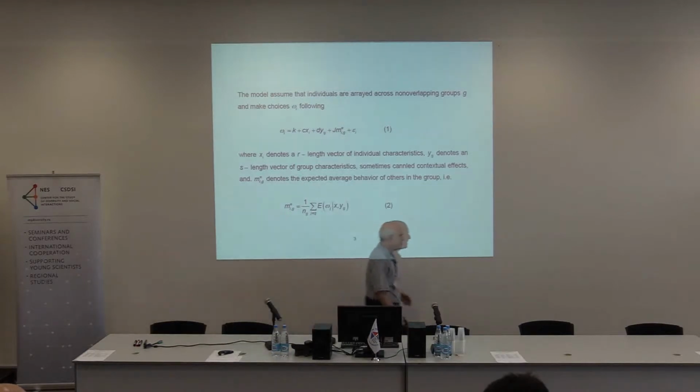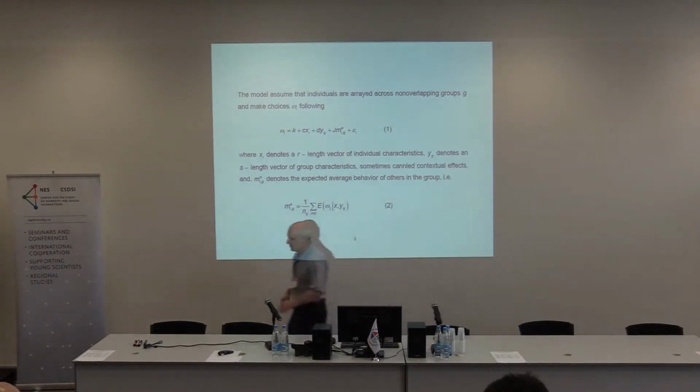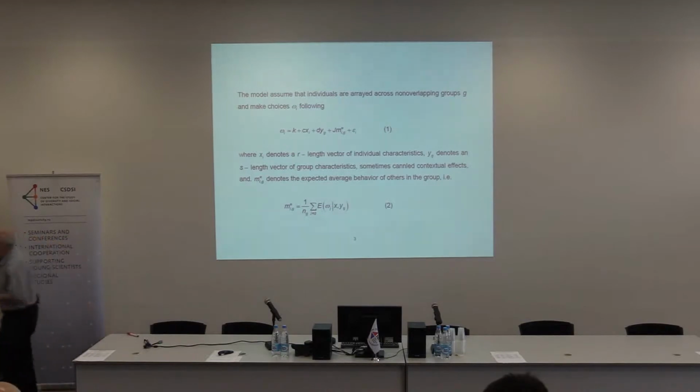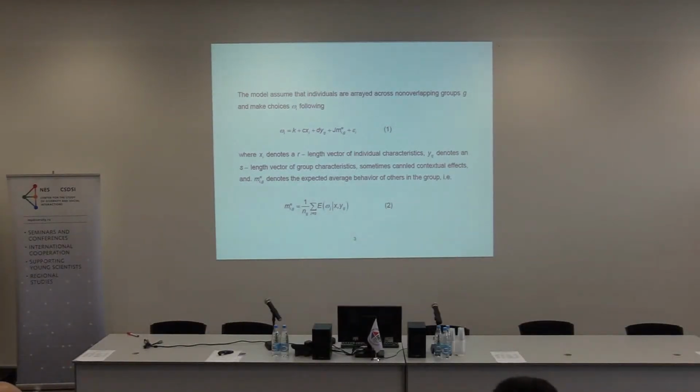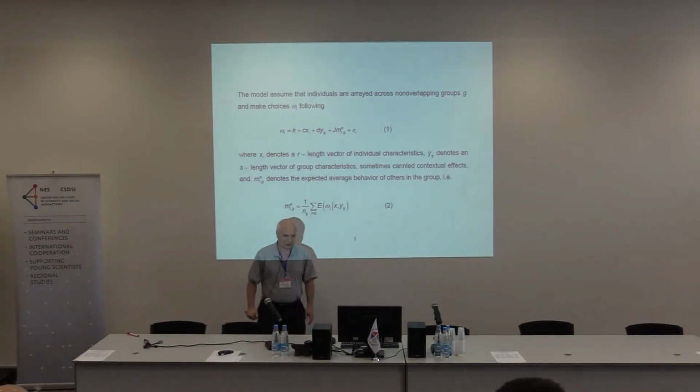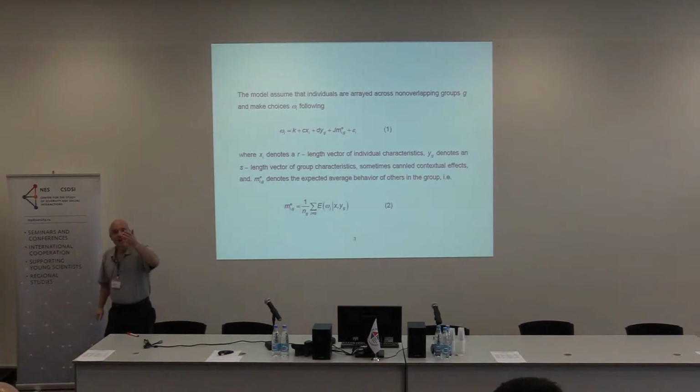By the way, what is m? M is the expected value of omega bar given the observables. Everyone with me on that? That's its definition. That's what it means to say I have imposed a Bayes-Nash notion of rationality.